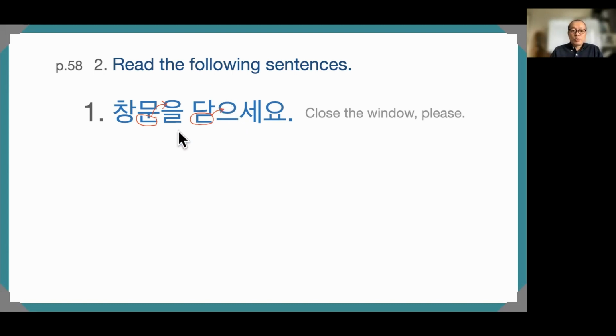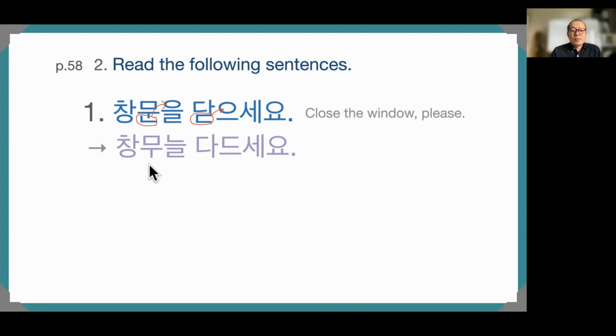So if you read this, can you read? Please try to read by yourself. Okay, look at this. 창문을, okay, 창문을, this one shifted here. 닫으세요.